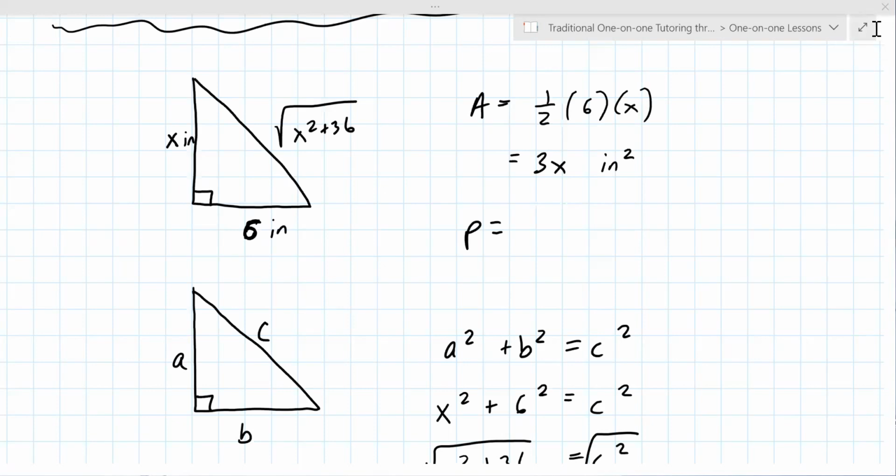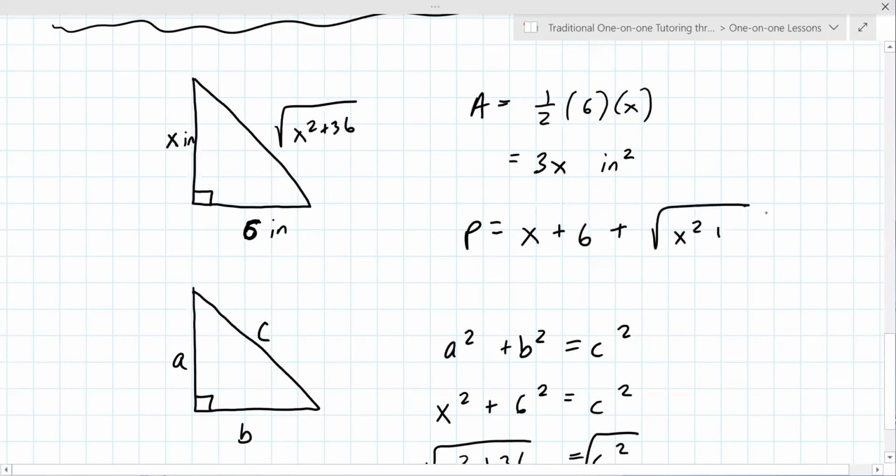There's 3 sides, so we need to add x plus 6 plus the square root of x squared plus 36.